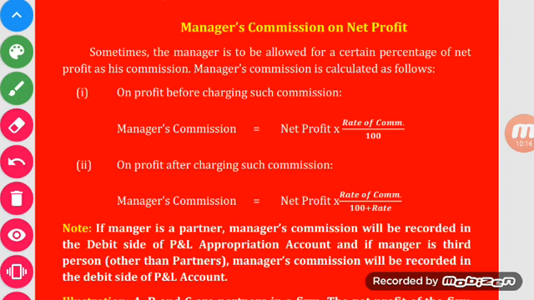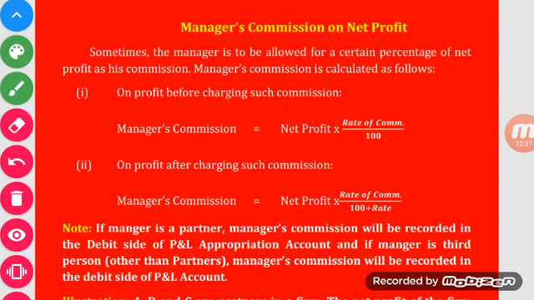There are two conditions for calculating manager's commission on net profit. The first condition: on profit before charging such commission. It means in the profit, manager's commission is not yet charged.